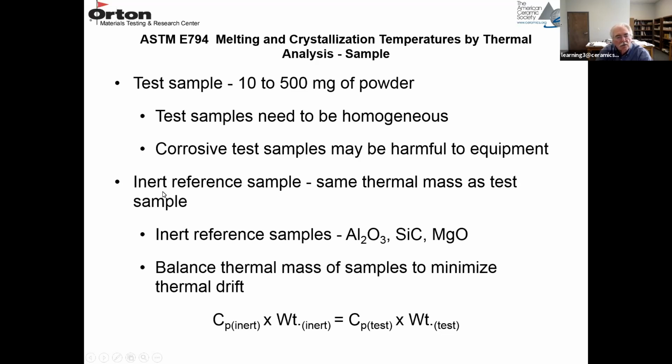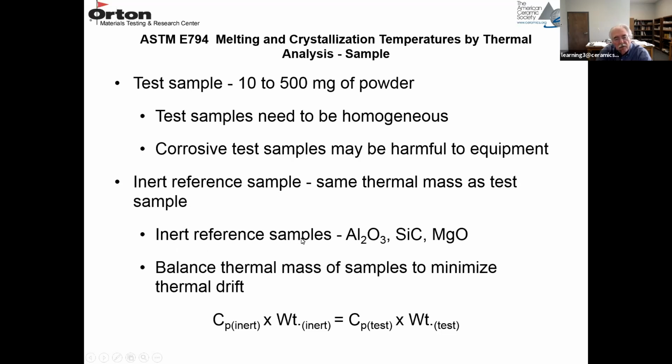And you want to balance the masses. So the inert reference sample should have the same thermal mass as the test sample. The thermal mass is just the heat capacity times the weight. You want to balance these thermal masses because if they're not balanced, you'll have what's called baseline drift. So the baseline will drift up and down if the thermal masses aren't balanced.